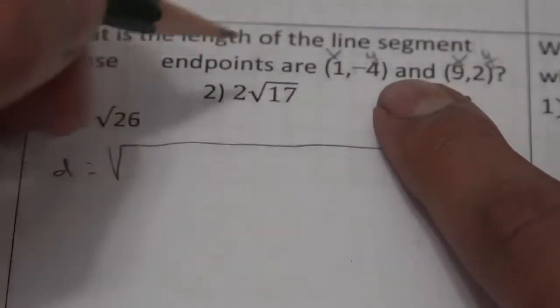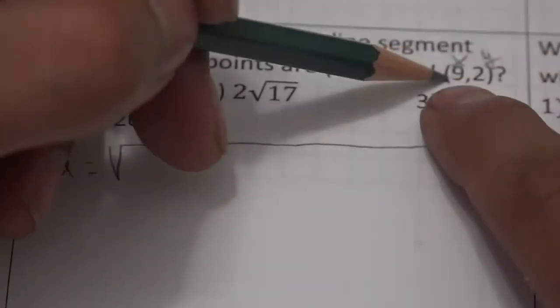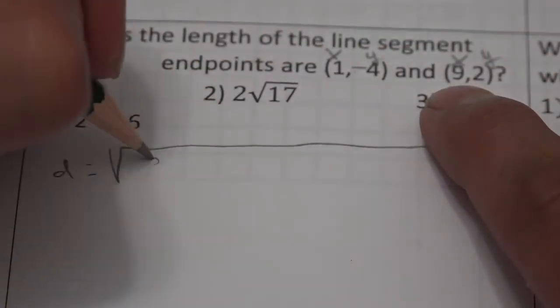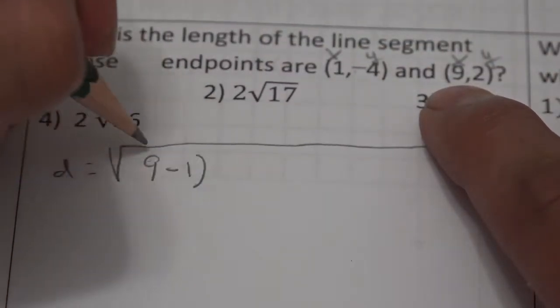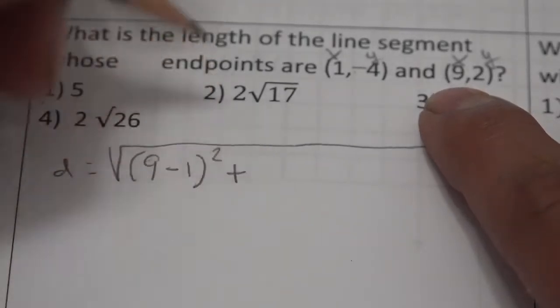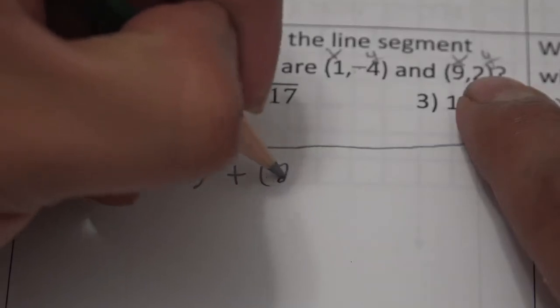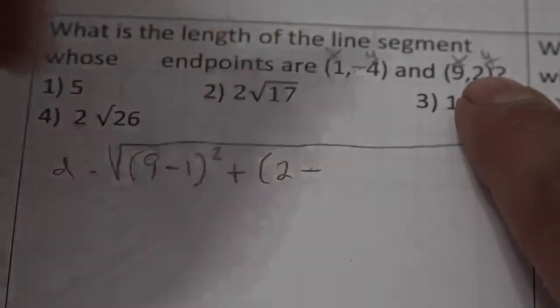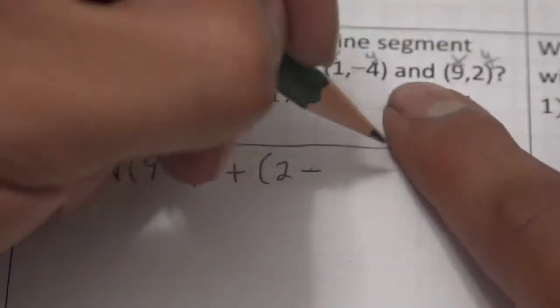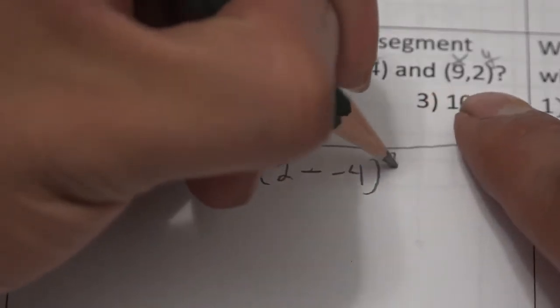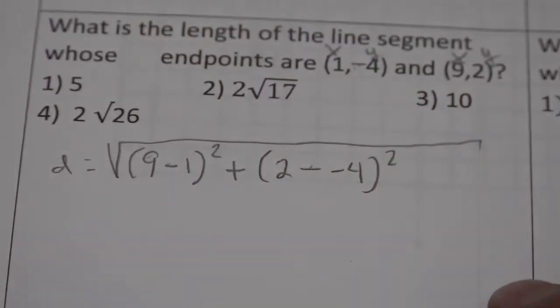So x2 minus x1, so x2, which is 9, minus 1 squared, plus y2 minus y1. So it's 2 minus y1, which is negative 4. And then you square the whole thing.